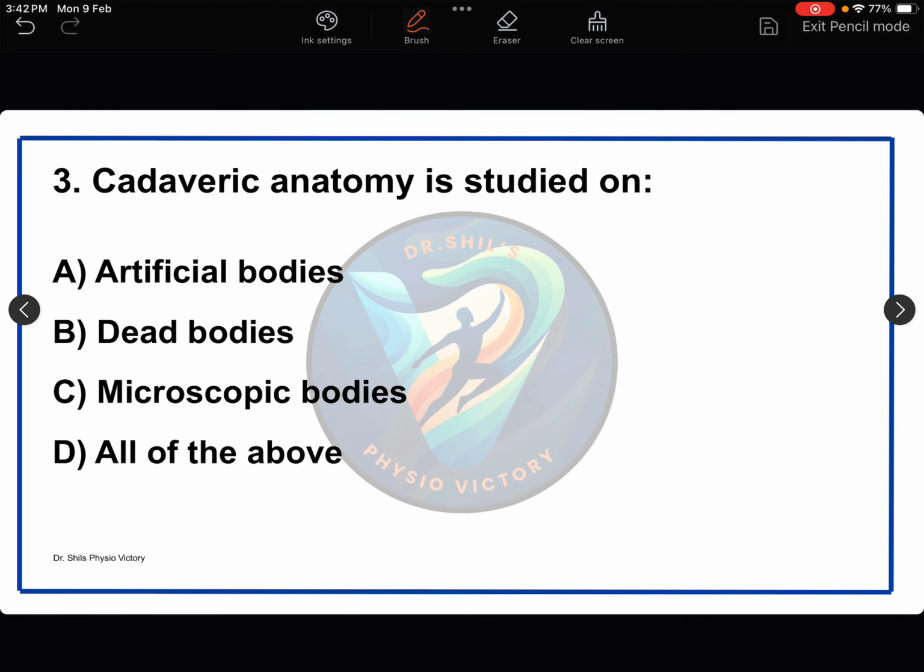Next, come to question number 3. Cadaveric anatomy is studied on option A artificial bodies, option B dead bodies, option C microscopic bodies, option D all of the above. Here the correct answer is option B dead bodies. Cadaveric anatomy means study of gross anatomy using human cadavers.